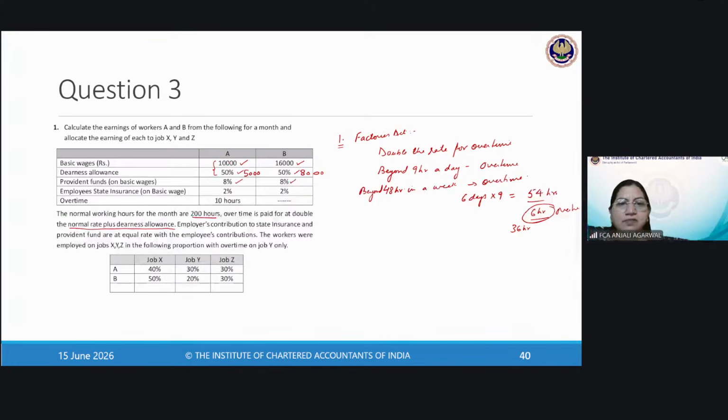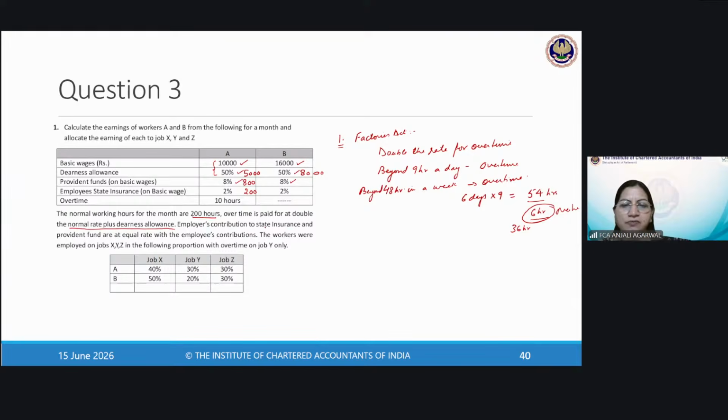Provident fund is 8%. 8% on 10,000 is 800. And 2% on 10,000 is 200. So this worker has got a salary of 10,000 plus 5,000, 15,000 plus 1,000, 16,000. Plus it has worked overtime 10 hours.